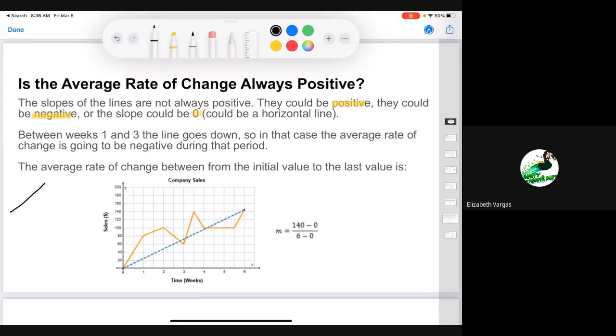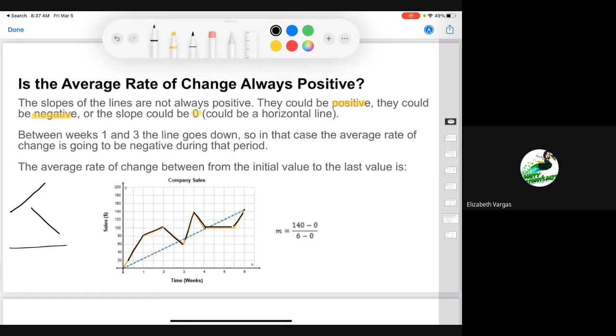So a positive slope would go like this, a negative slope would go downwards, and a zero slope would go horizontally. And so what this is saying is that from 1 to 3, the line goes down. So this would be a negative, this would be a negative, this would be 0, this would be positive, positive, positive, positive.